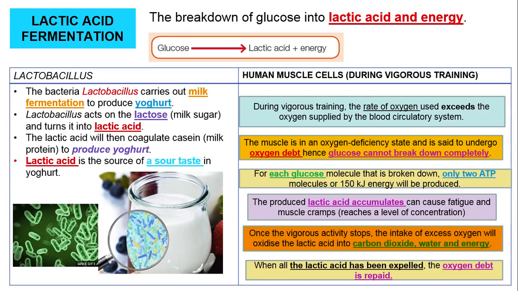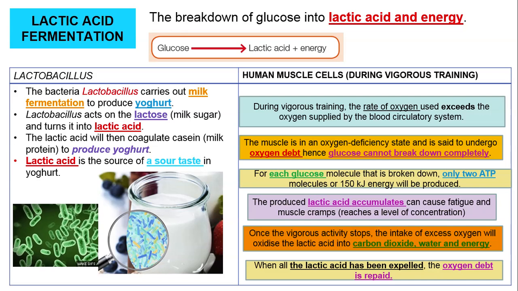In the production of yogurt, the bacteria Lactobacillus will be used to carry out the milk fermentation. This bacteria will act on the lactose, turning it into lactic acid. Lactic acid is the source of the sour taste in yogurt. The lactic acid then will coagulate the milk to produce yogurt.